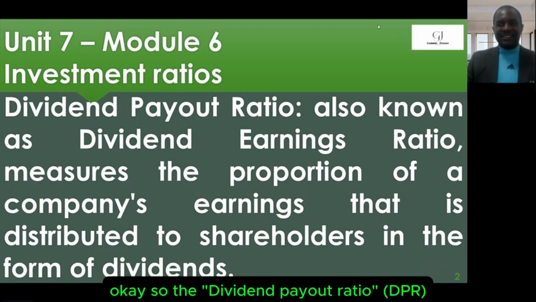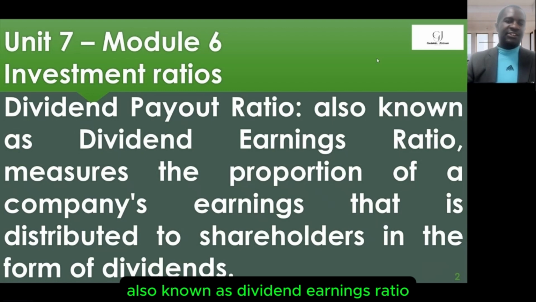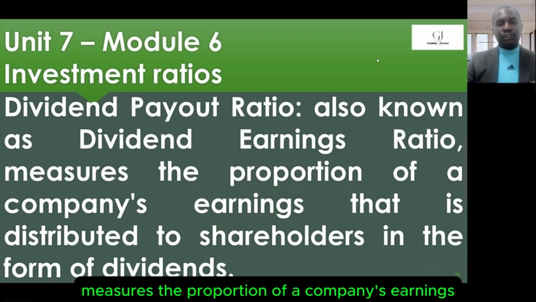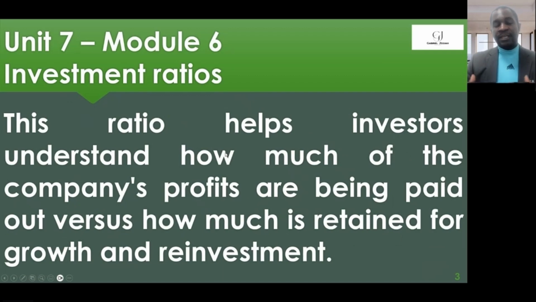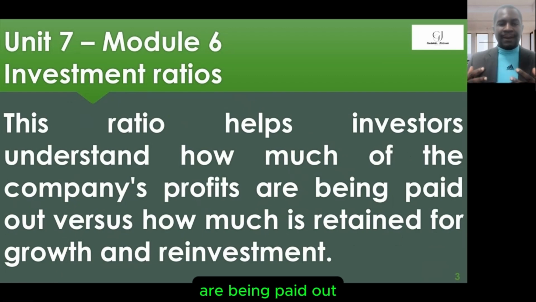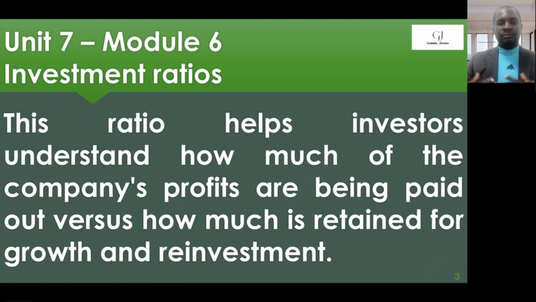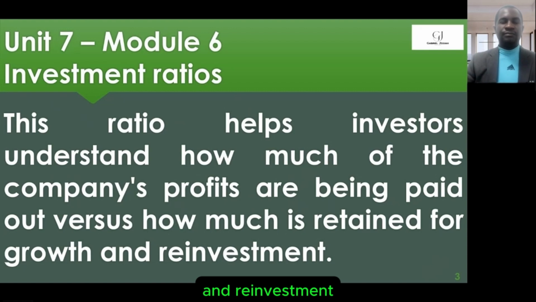Okay, so the dividend payout ratio, also known as the dividend earnings ratio, measures the proportion of a company's earnings that is distributed to shareholders in the form of dividends. This ratio helps investors understand how much of the company's profit is being paid out versus how much is retained for growth and reinvestment.